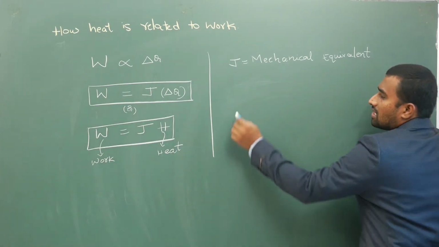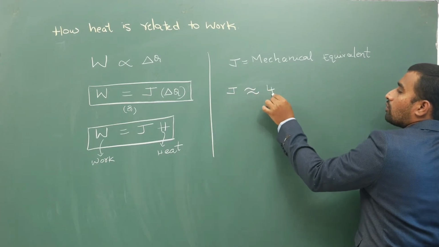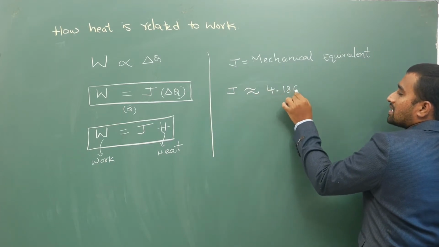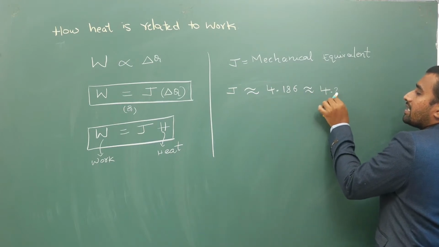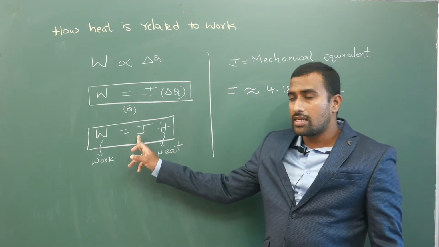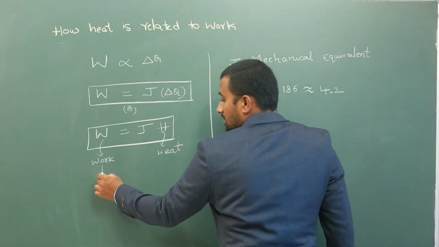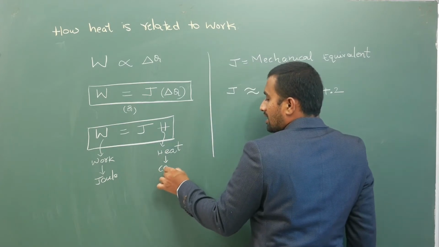Now this J value is close to 4.186, but for calculational convenience we will take it as 4.2. And if you look at the units, for work the unit is joules, for heat the unit is calorie.